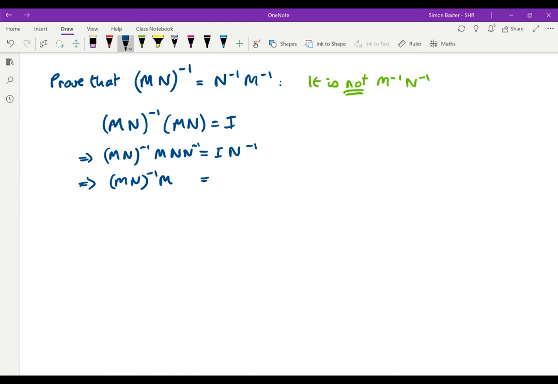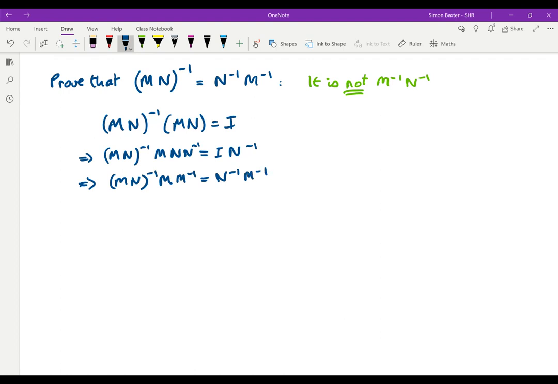On the other side, I times the inverse of N is just going to be the inverse of N. Now it really does matter when I start multiplying. I'm going to multiply both sides on the right by the inverse of M. So let's write the inverse of M, the inverse of M.